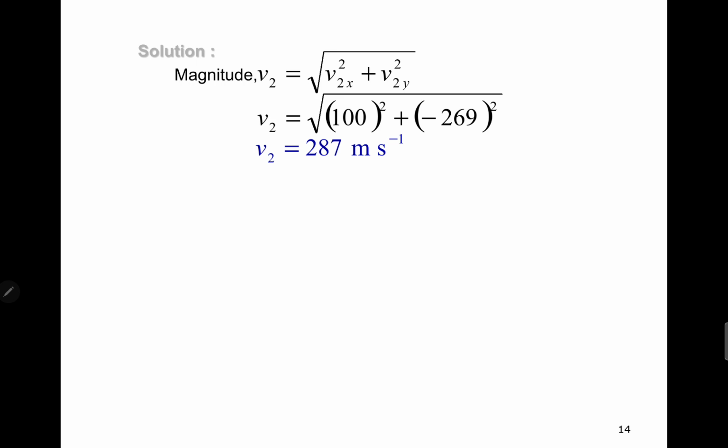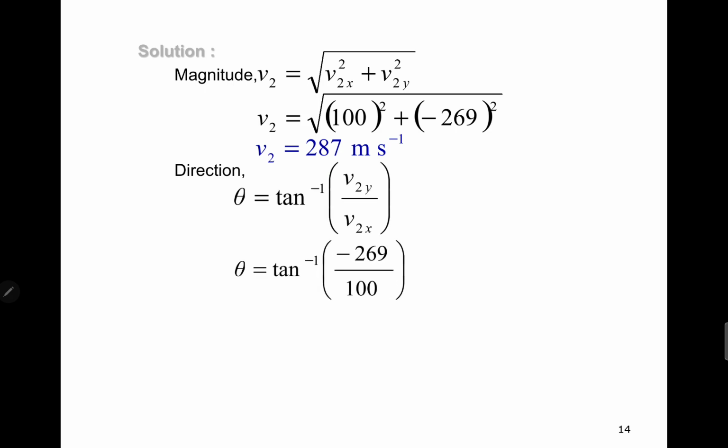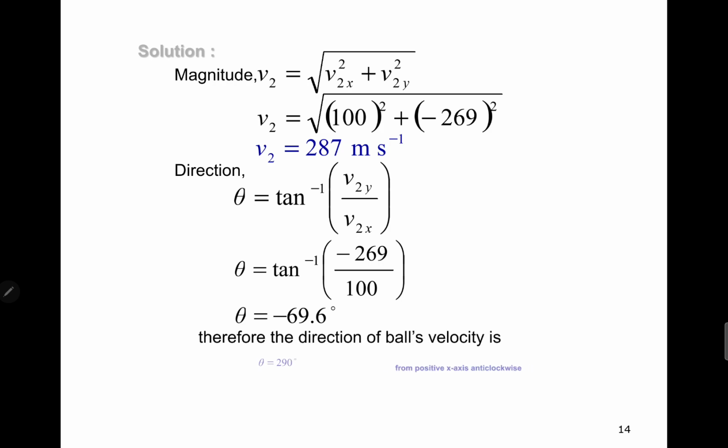Basically, once it passes the initial reference point, the velocity will increase in the opposite direction, so the resultant is higher compared to point P. For the direction, calculate the ratio of the y and x components. The angle you get is 69.6 below the positive x-axis, or if you use rotation you will end up with 290.